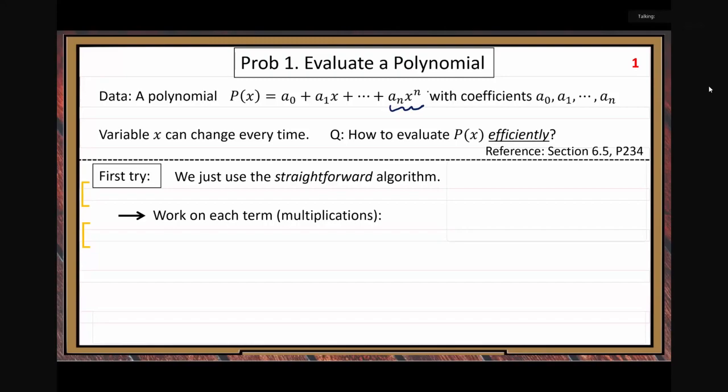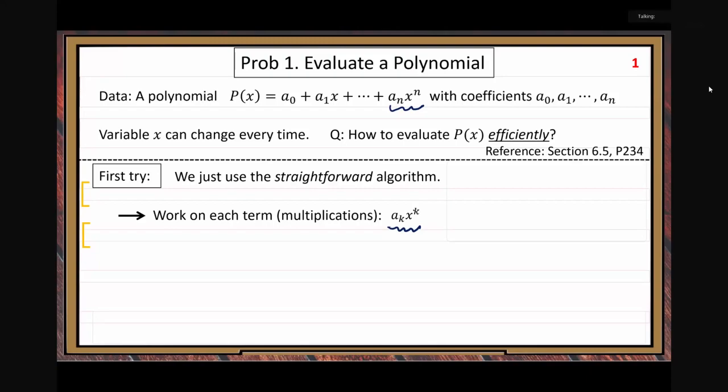Term by term, basically. So let's consider a general term. We use this representation, a sub k, a coefficient number, times a monomial, x to the kth. So we treat it as a representative of a general term.